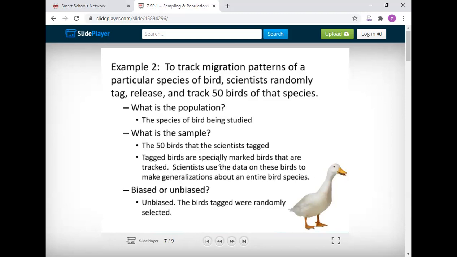Tagged birds are specially marked birds that are tracked. Scientists use the data on these birds to make generalizations about an entire bird species. Is this biased or unbiased? It will be unbiased because the birds tagged were randomly selected. He didn't pick a specific type of bird, but chose the 50 birds at random, so he chose a random sample. For this reason, we said that this one is unbiased.